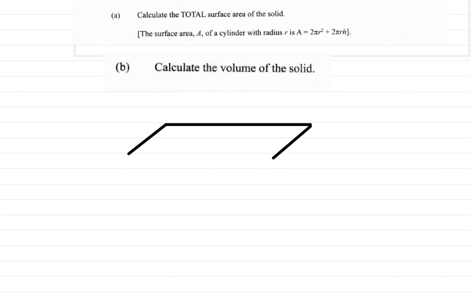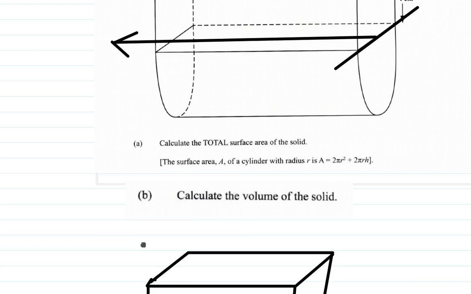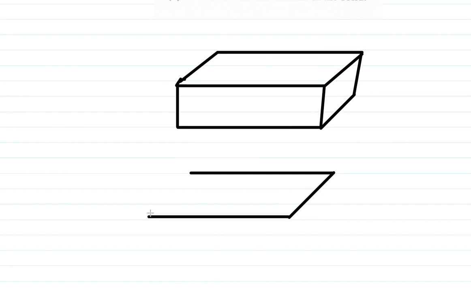You will have something like this, going down here, down here, down here, this way, and then this way. Then you're going to have something like this. It should go across here, this way, this way.